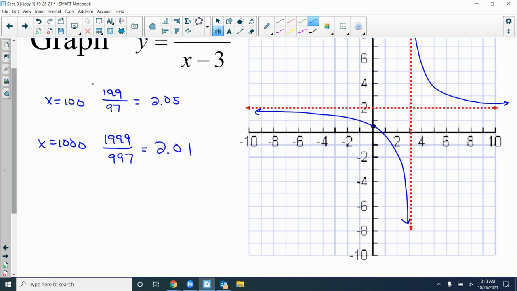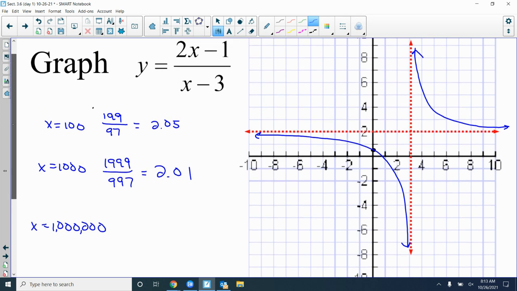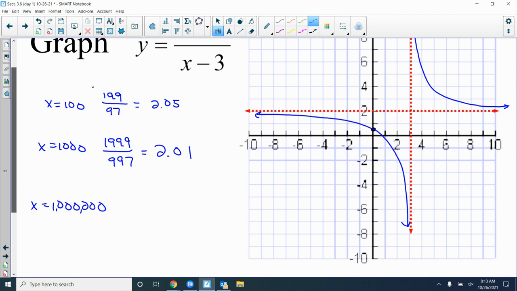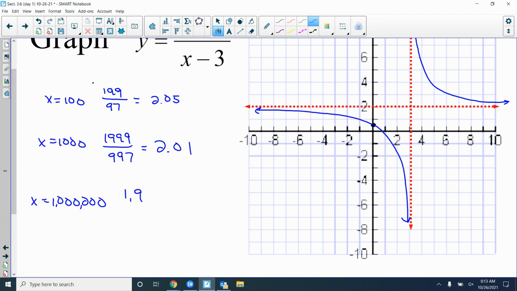Okay, so now let's make a jump. Put in a million, which in math is really not that big, but we think it's huge. A million times 2 is 2 million, minus 1, so 1,999,999 over a million minus 3, 999,997.